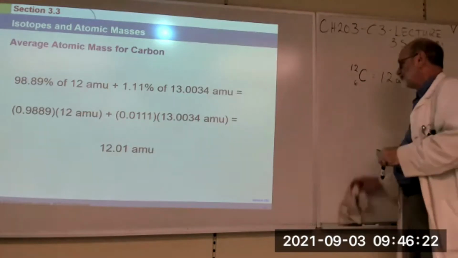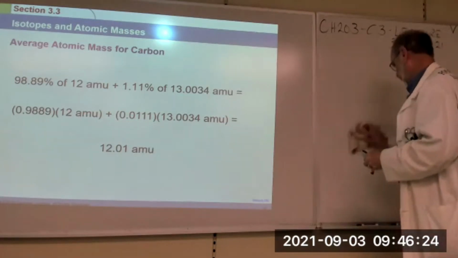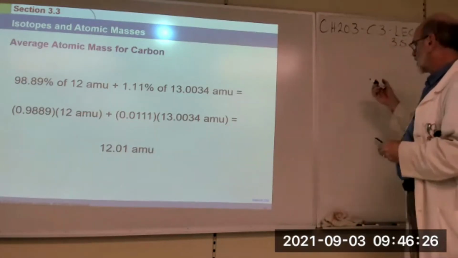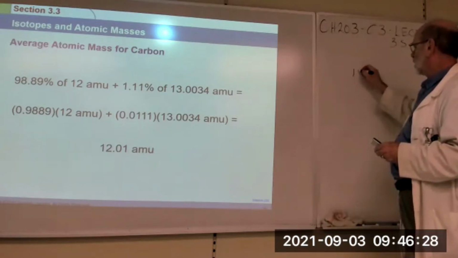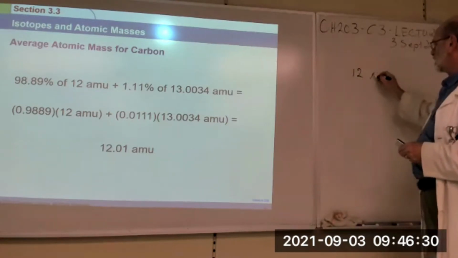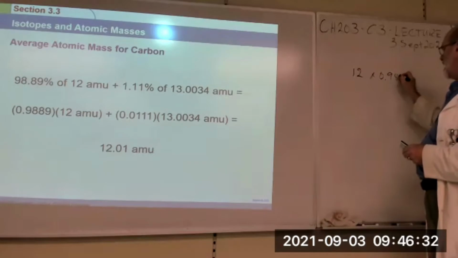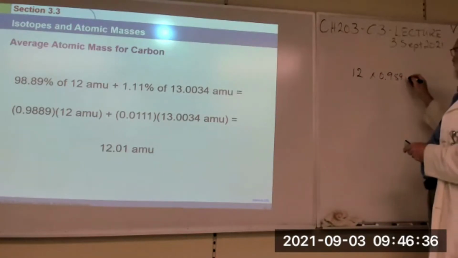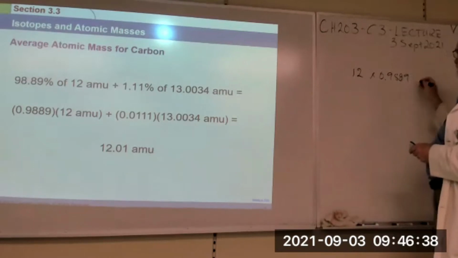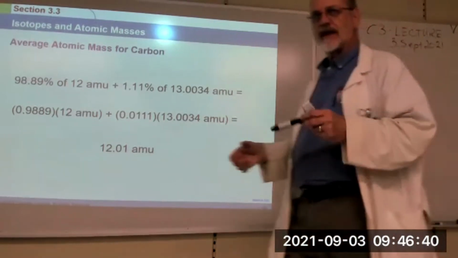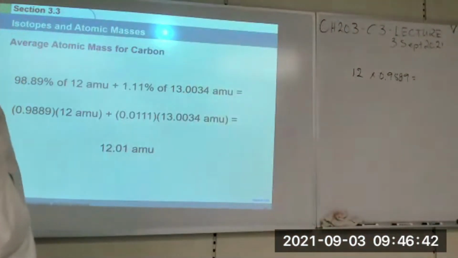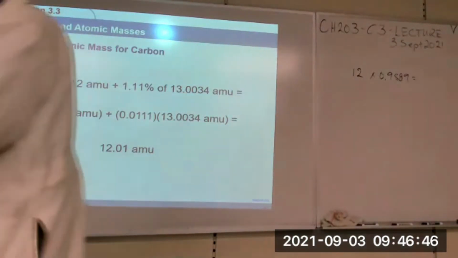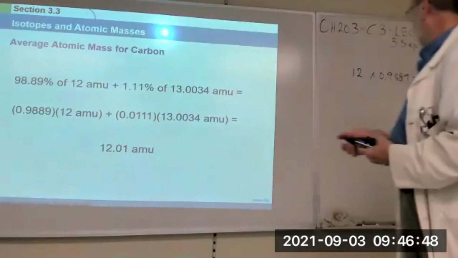Let's do that. So you've got one carbon with 12 atomic mass units times 0.9889. There we go. So what's that value? Let's get out the calculator. All right.